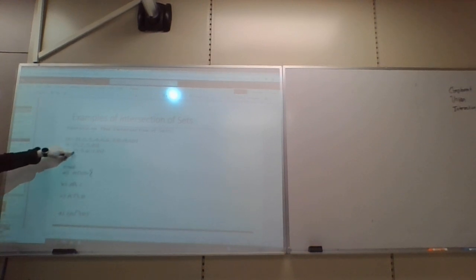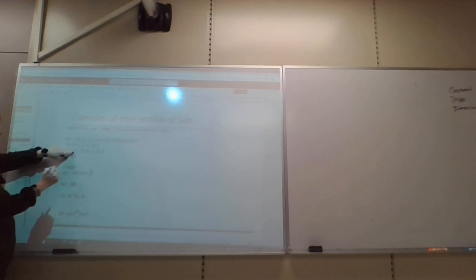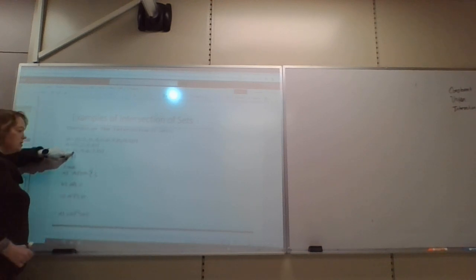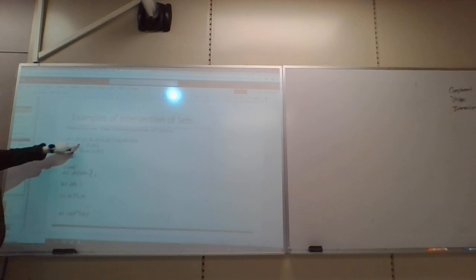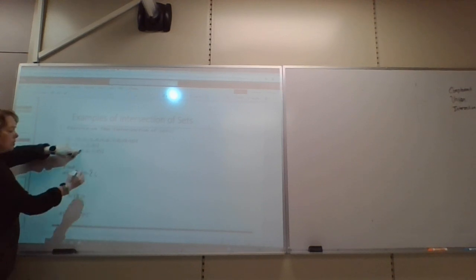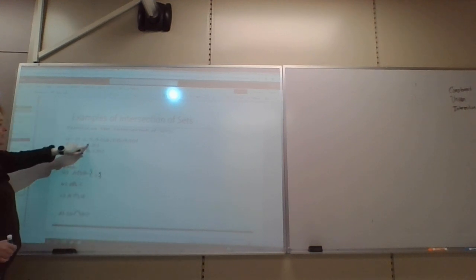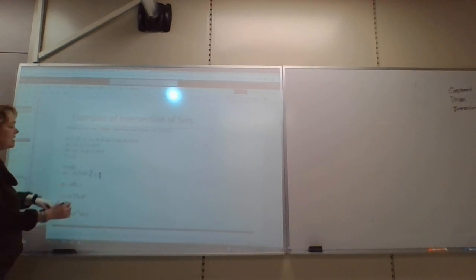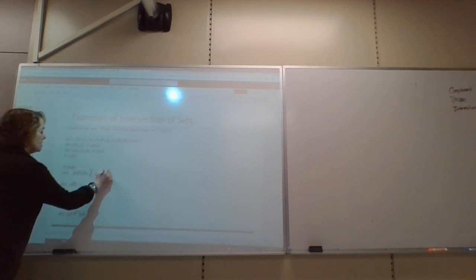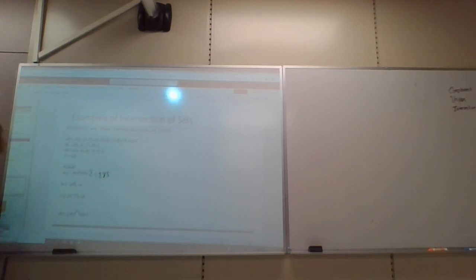It has a 1, right? Write it down one time. Does it have a 2? No. But it has a 3, right? 3, comma. Does it have a 6? No. A 7? No. An 8. Yes. Well, that's the answer: 1, 3, 8. I compared A and B and asked, what do they have in common?